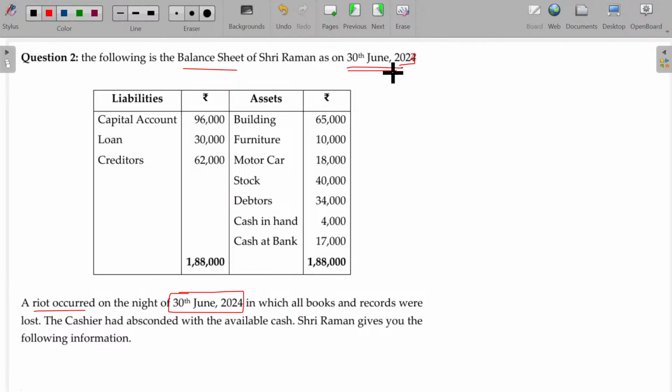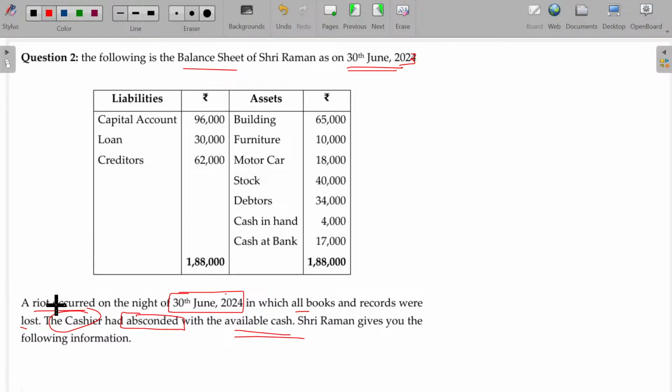Okay, 23. Now, 1 year later, fire occurred in which all books and records were lost. The cashier has absconded with the available cash. So whatever cash was left over, the cash bag was taken and he ran away, and it may be a loss. This is called defalcation. Cash is taken by the cashier.